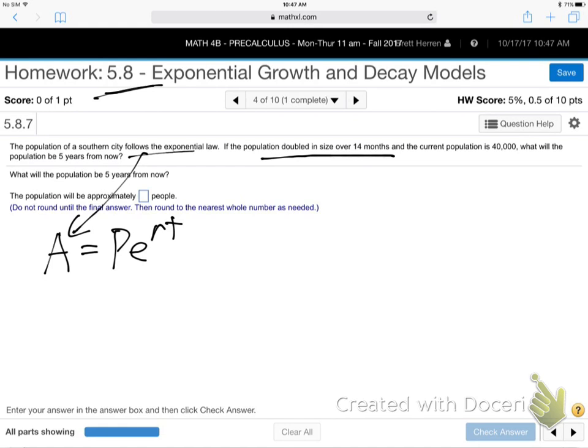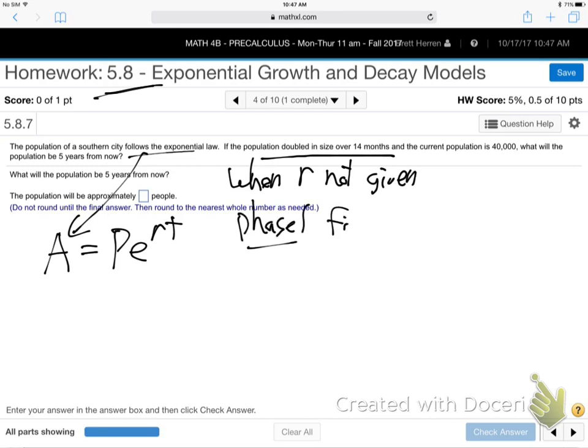All right, this is the phase. Let's just do phase one, and then we'll be done. This is the phase one, phase two thing again. How do I know? Because they're not giving me R. I've got to have R. So when R is not given, you've got to do phase one, find R yourself, and then phase two, finish the problem.